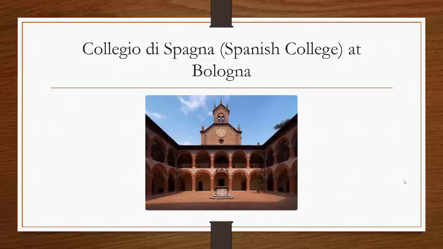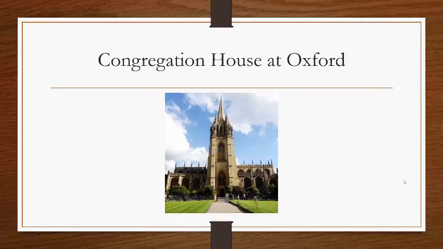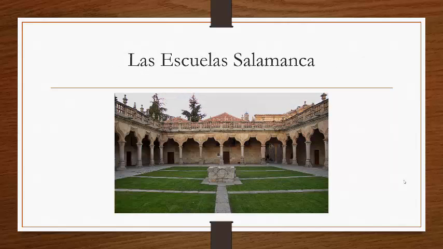Another one that your textbook talks about was the Congregation House at the University of Oxford. So definitely very Gothic in appearance, and very church influenced in the architecture. Another one your textbook mentions, only this time from Spain, was the Las Escuelas from the University of Salamanca.